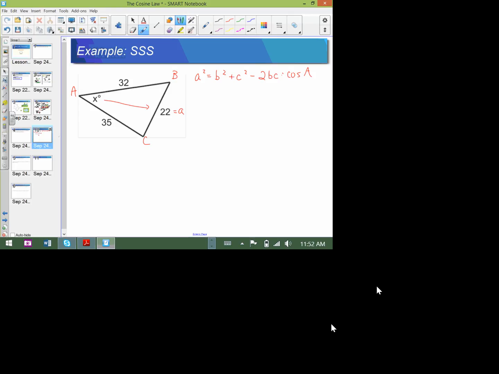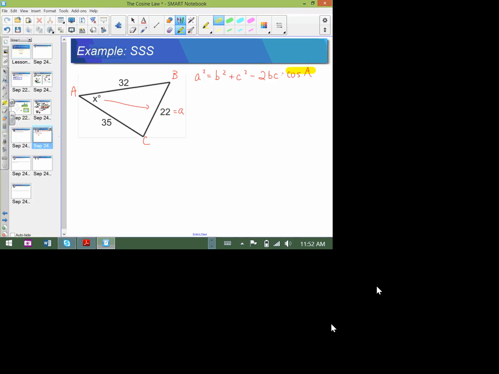So could we rearrange the formula in such a way that everything is isolated to one side? I think that would be a whole lot easier.